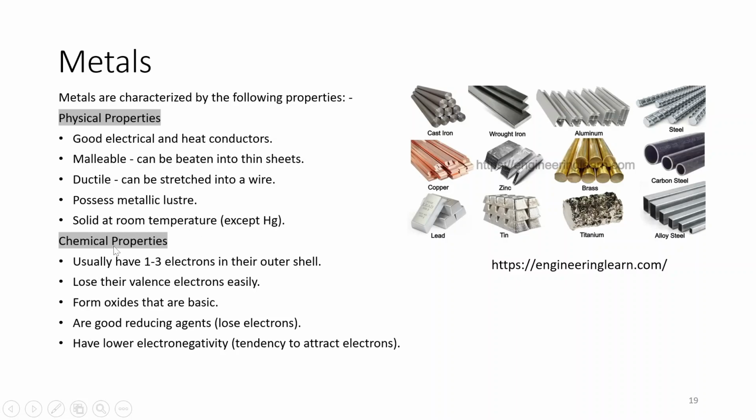The chemical properties include that they usually have 1 to 3 electrons in their outer shell, and they can lose their valence electrons very easily, and they form oxides that are basic. So the oxides of copper, zinc and tin will all act as bases. They are good reducing agents because they lose electrons easily, and they have lower electronegativity, so they have less tendency to attract electrons.